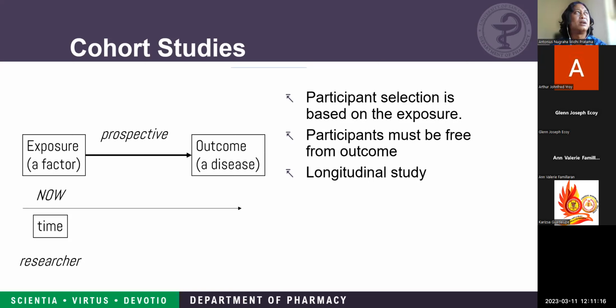So it happened around the 60s or 70s or even 50s. Sorry, 50s, I think. And they followed until the death of the members of the cohort. And they examined the cause of death.